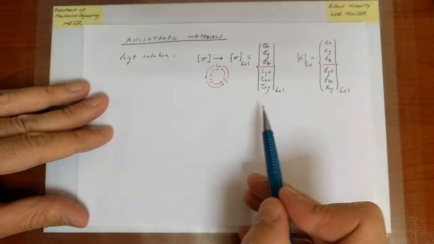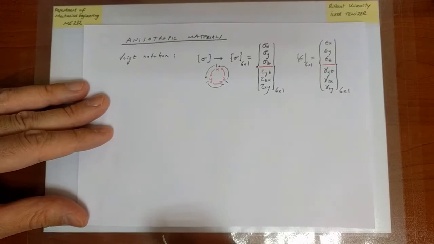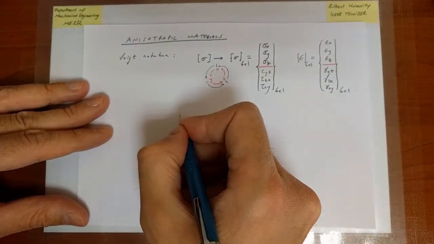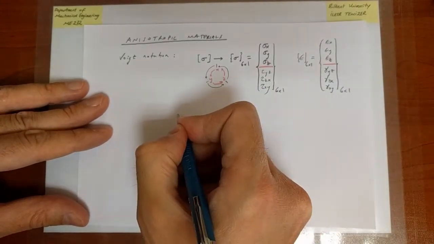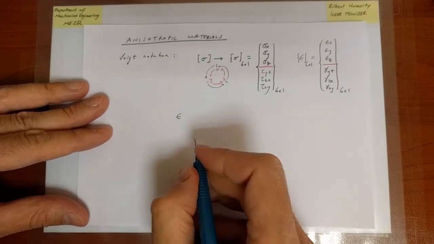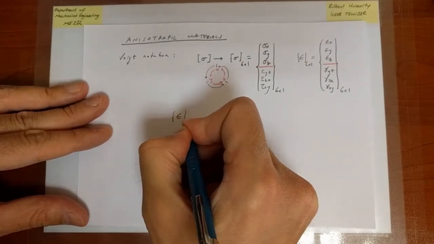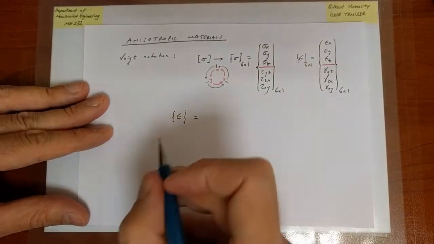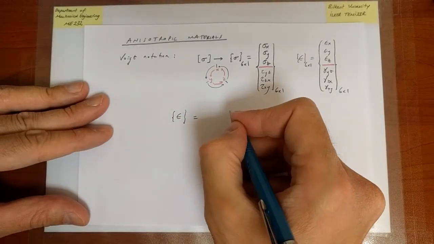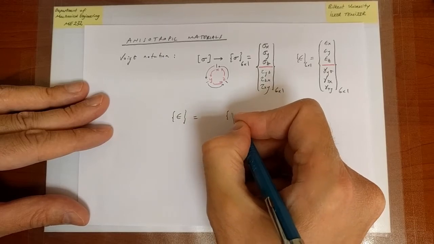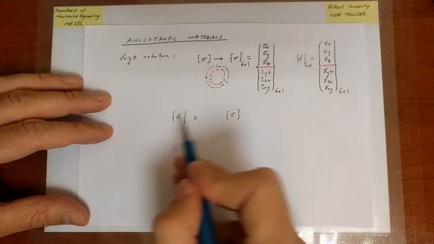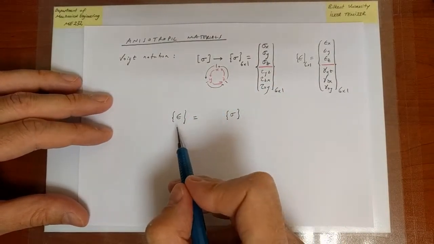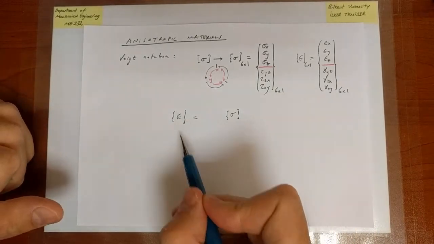So I want to look at this as a mathematical setting. Earlier I would write the epsilons on the left, and I would write the stresses on the right. So again I will have the strains on the left, and I will have stresses on the right. I like to relate the two, but now I am writing everything compactly instead of one by one.